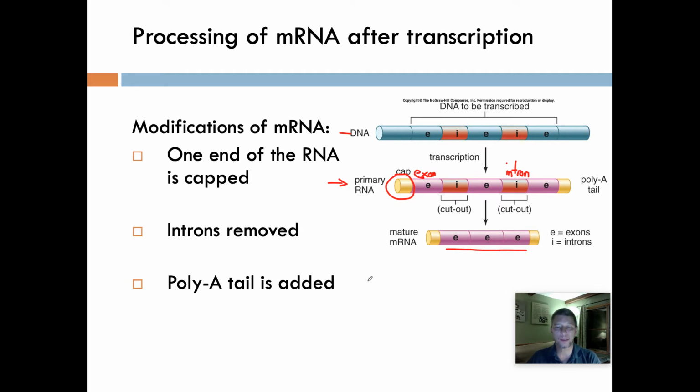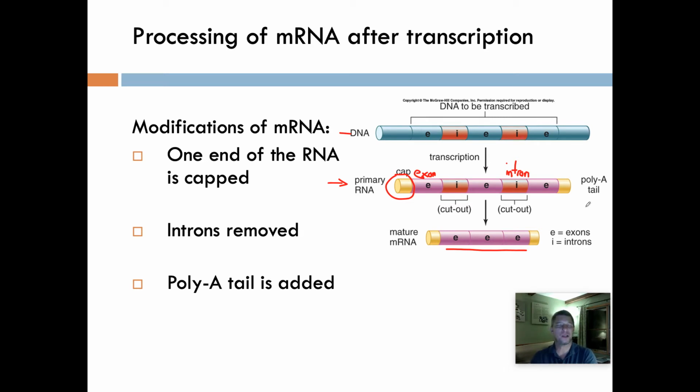And then last but not least, you add a polyadenine tail, in other words, a long tail of lots and lots of adenine nucleotides. Once those three things have been completed, the processing of the mRNA is completed, and now the mRNA molecule is ready to move out into the cytoplasm.